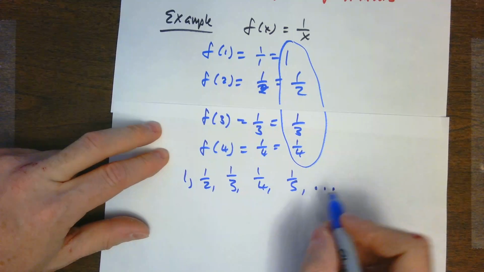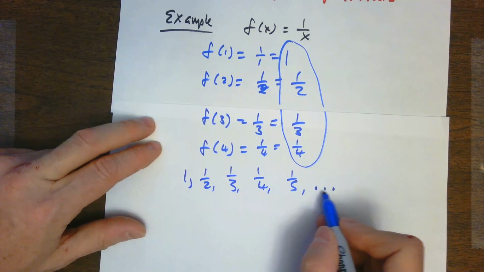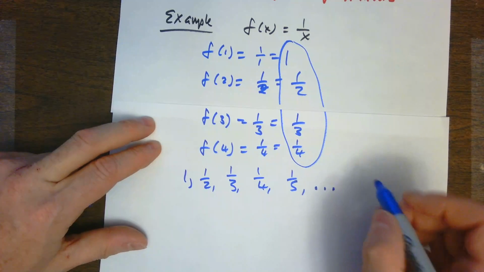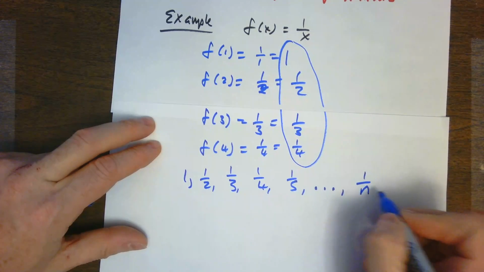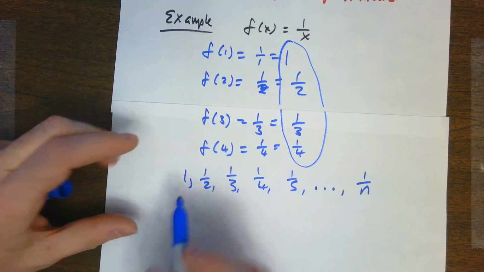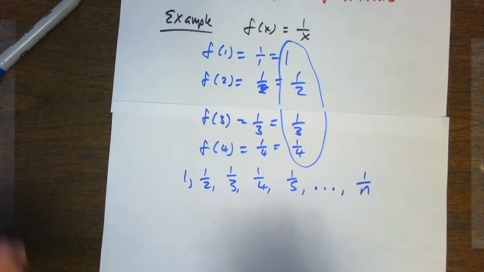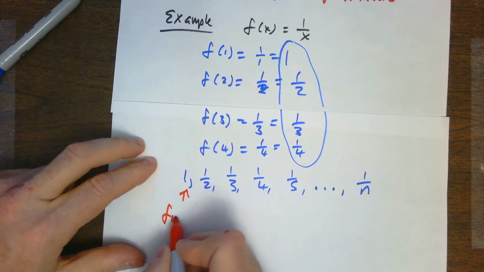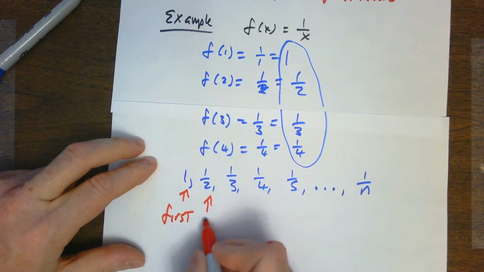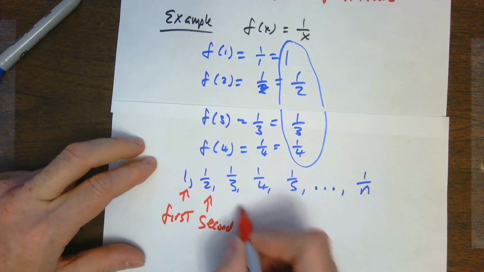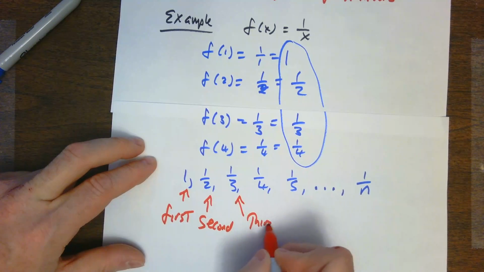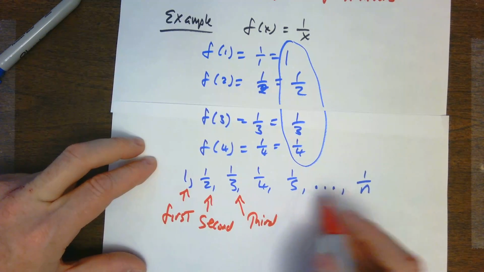We refer to that as an ellipsis. And then in general, 1 over n. This is my first term, my second term, my third term, fourth term, fifth term, all the way up.